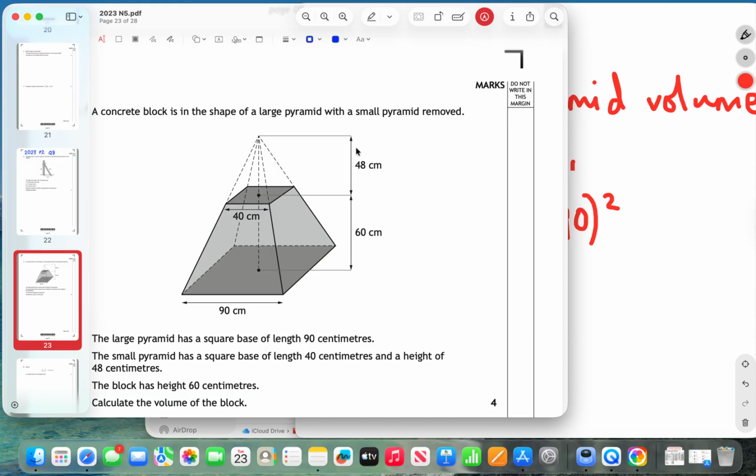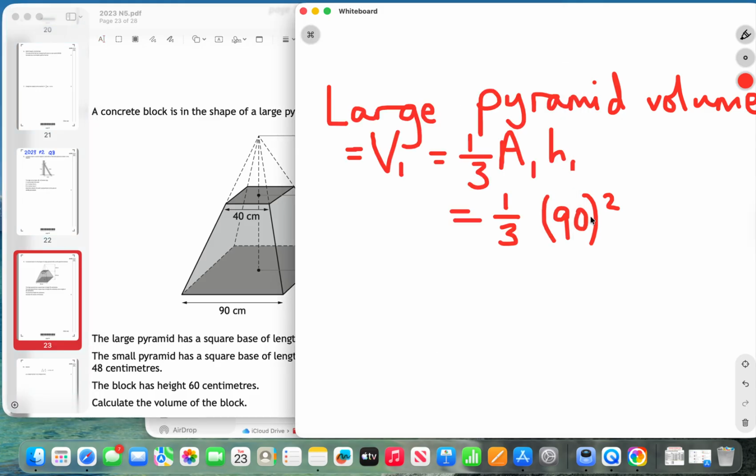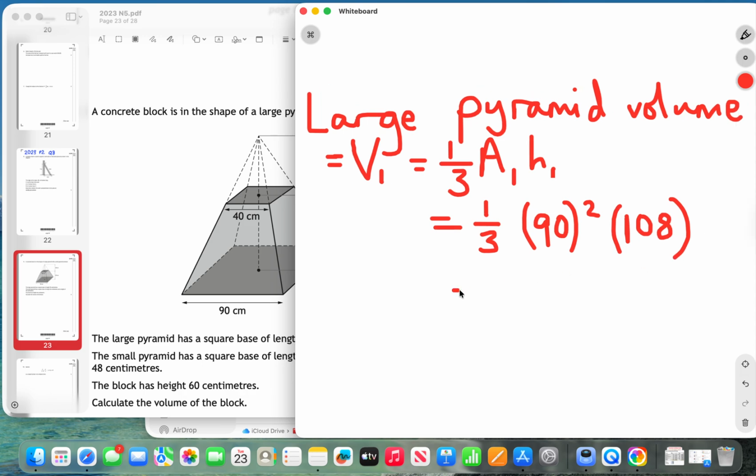That's 60, and we have 48, so adding them is 108. So we can then find the volume, and you want to plug this into the calculator, and that's 291,600 centimeters cubed.